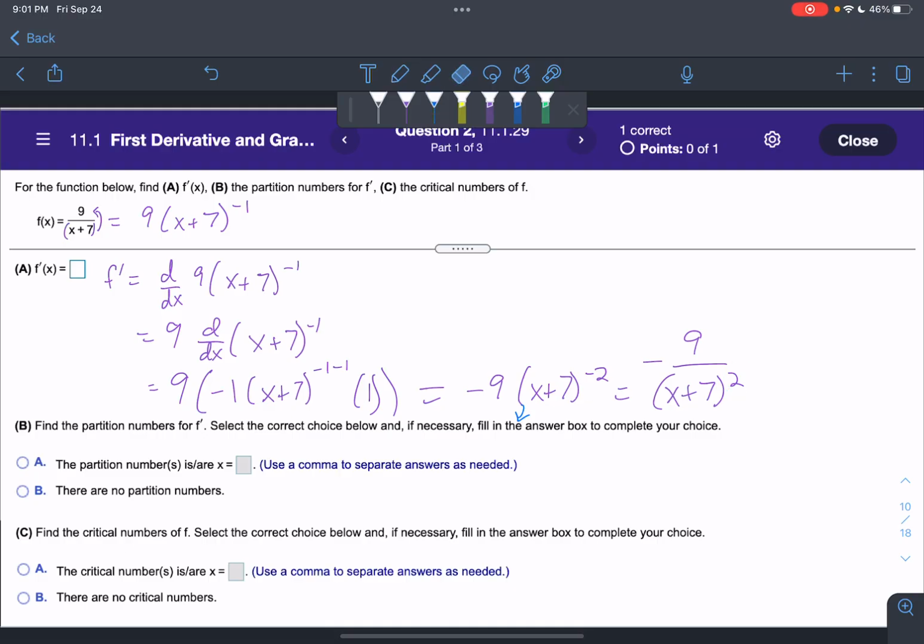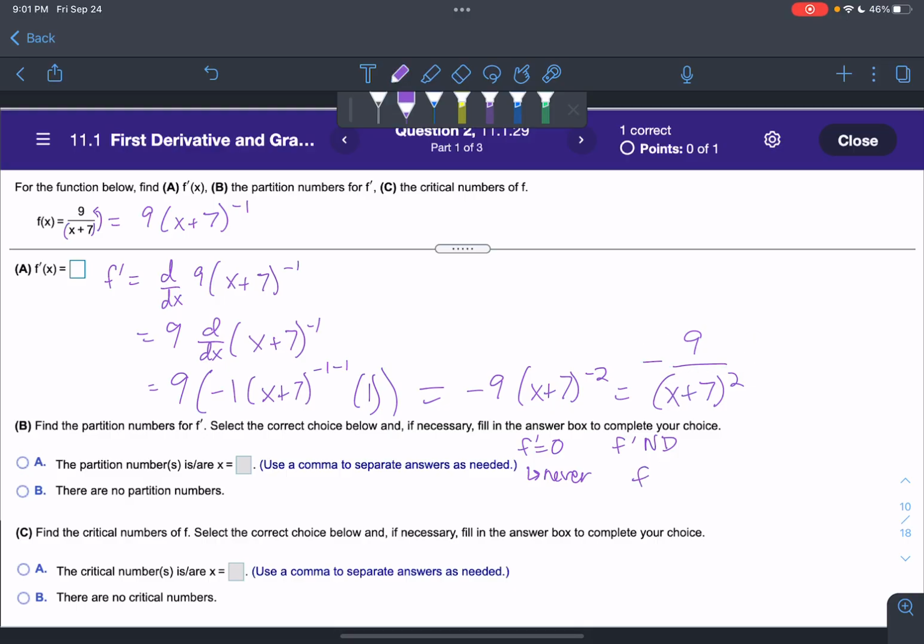And that's just going to help us in this next part because we want to find where f prime is equal to 0 or f prime is not defined. So in this case, our f prime is never going to be 0. Right, so f prime will be 0 if my numerator is 0, but since we have a constant up here, it's never going to be 0.